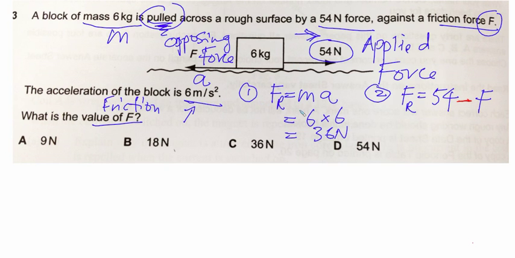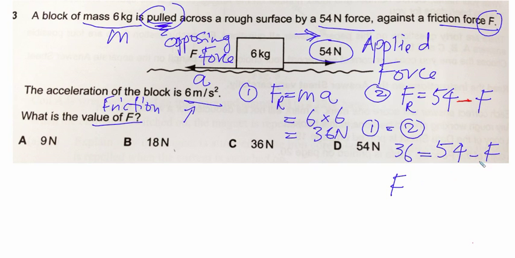I have one equation where I already found my resultant force, which is 36 Newton, and another equation relating to all the forces acting on the object. Using a simple relationship, I can equate equation 1 to equation 2 because these are the two resultants for F. So I can put 36 equal to 54 minus F.